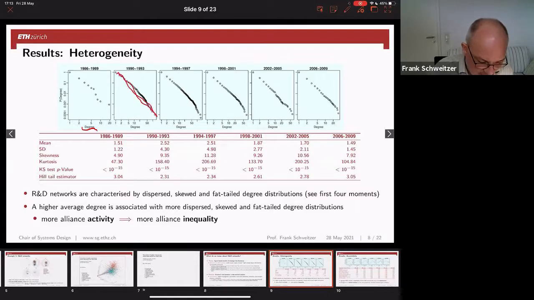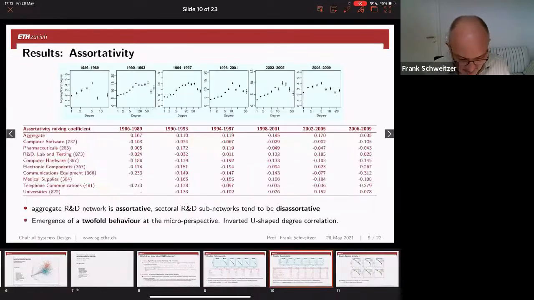So this gives me the number of firms that have a degree of 50, for example, or the probability to find such a firm. And you see that this is a very broad distribution. That means that firms that have very many partners cannot be ignored in this data set, even though we have 15,000 firms there. We can characterize these types of distributions, and the table gives some results about this.